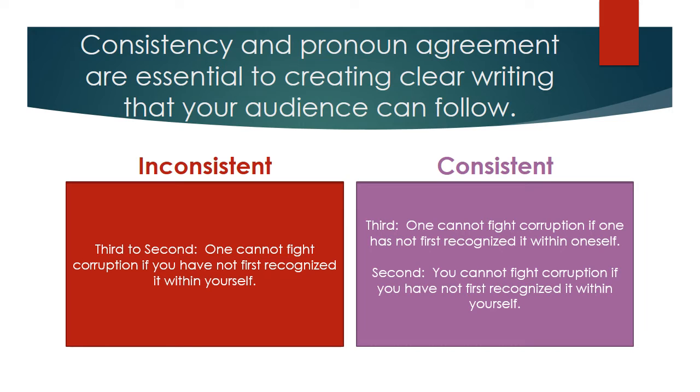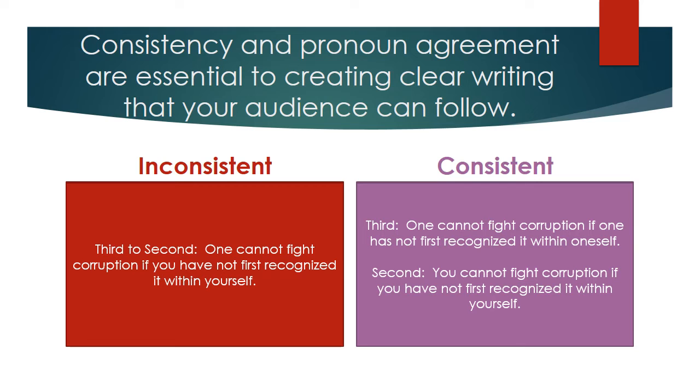You cannot fight corruption if you have not first recognized it within yourself. And I think we can probably pretty safely say that the second person consistency is a much more effective sentence. Where in third person, one cannot fight corruption, the person reading it can read it completely passively and it doesn't really apply to them.